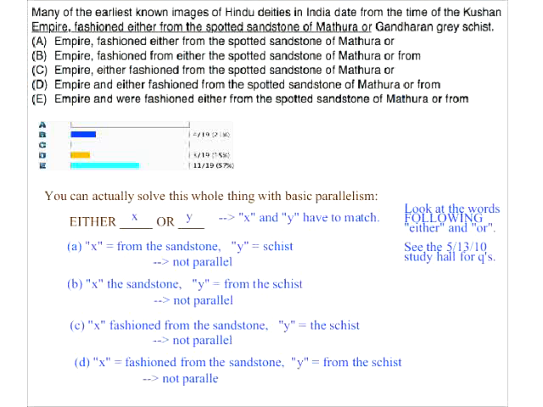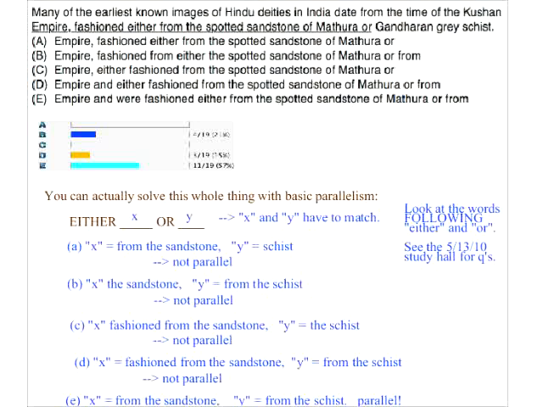But in E, the words following "either" are from the sandstone, and the words following "or" are from the schist. That's parallel. So you're done. We're going to talk about the "and" issue, but all you need here is parallelism and you are good. So now let's talk about the issue of "and" or not "and."